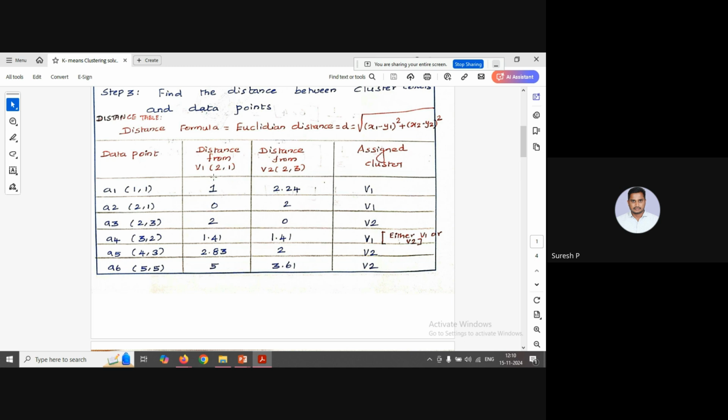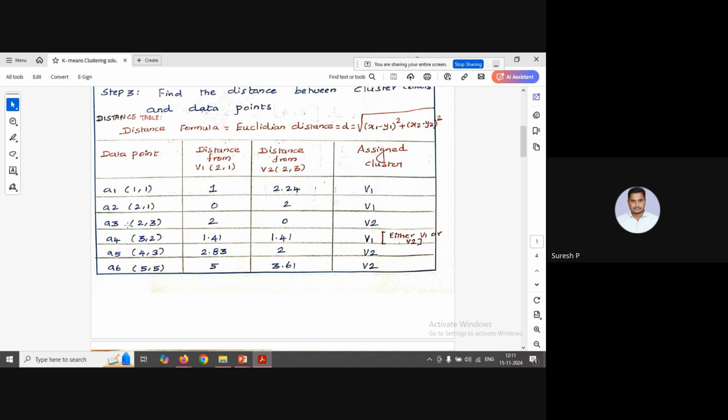Since A1 has the minimum value with cluster 1, A1 will be added in cluster 1. If you compare the distances, A1 and cluster 1 is 1, A1 and cluster 2 is 2.24, so A1 and cluster 1 is minimum, so A1 will be added in V1. Then A2 and V1 is 0, A2 and V2 is 2, the minimum one is 0, so it will be added in V1.